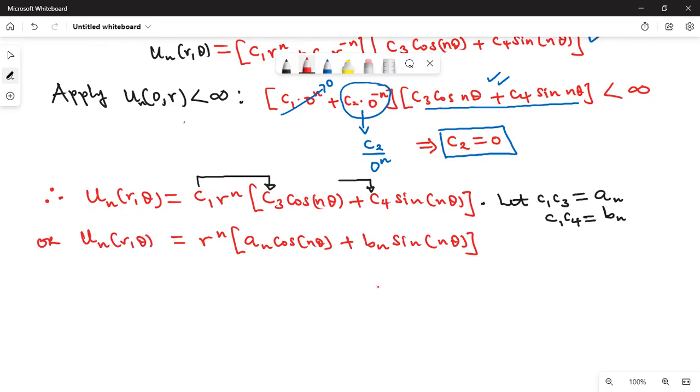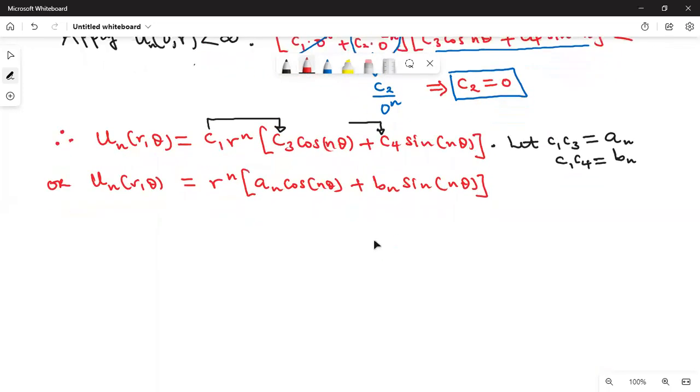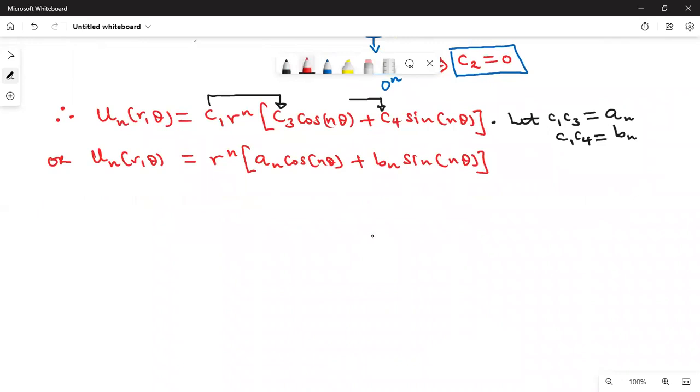There are several of those U subscript n depending on the value of n. And remember, our solution of the given PDE should be U of r theta. So to get U of r theta, I must use what is called the principle of superposition.